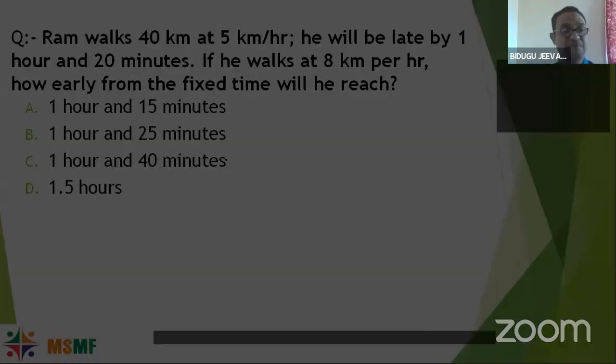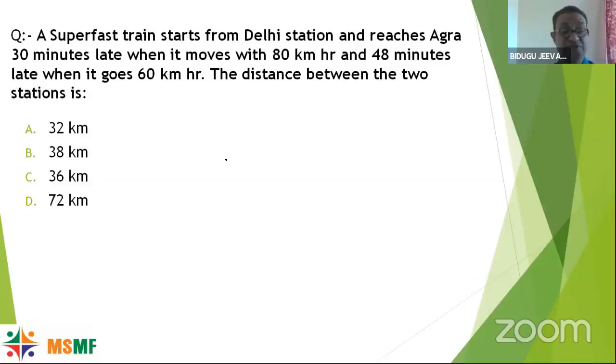Wonderful. Now read the question properly. Let me write. A super fast train starts from Delhi to Agra 30 minutes late when it moves at 80 kilometers per hour.